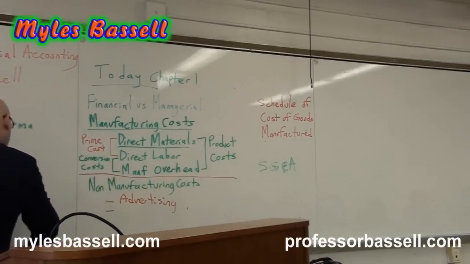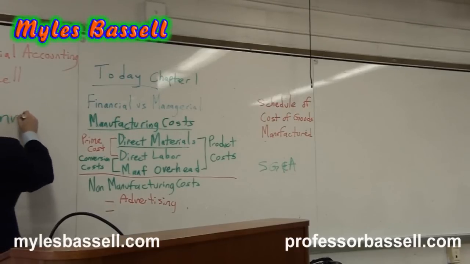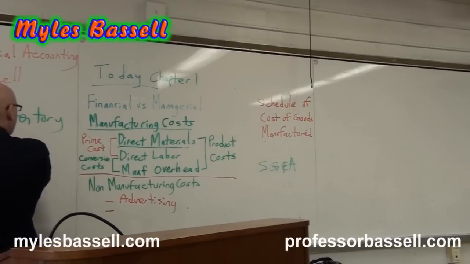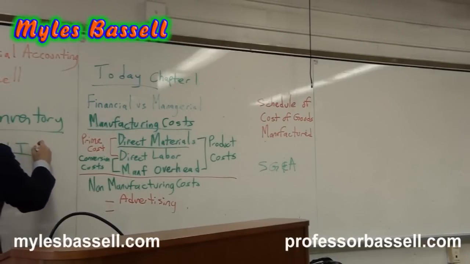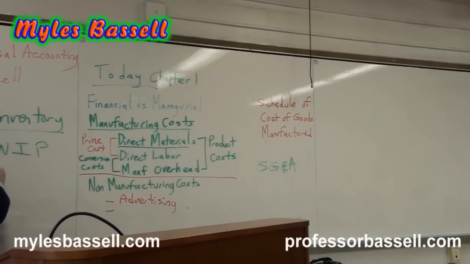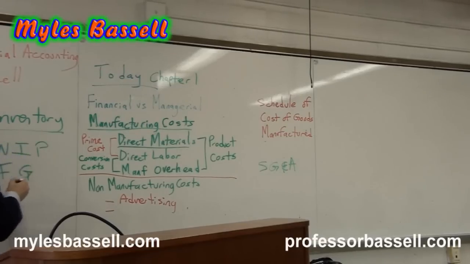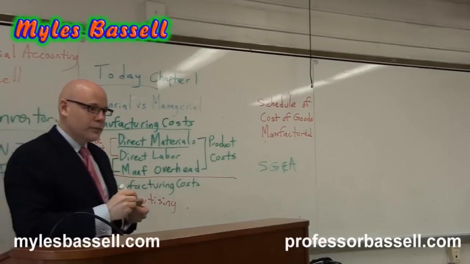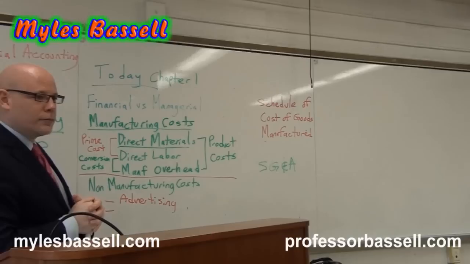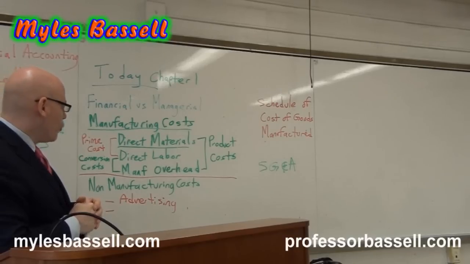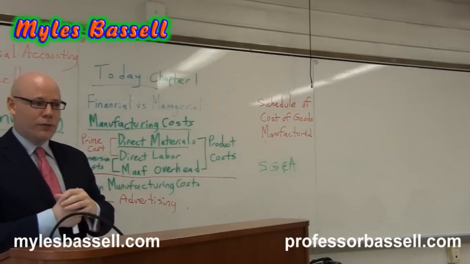And we're going to have different types of inventory that we're going to hold. So we have work in process. We have finished goods. So the work in process are those partially completed items.